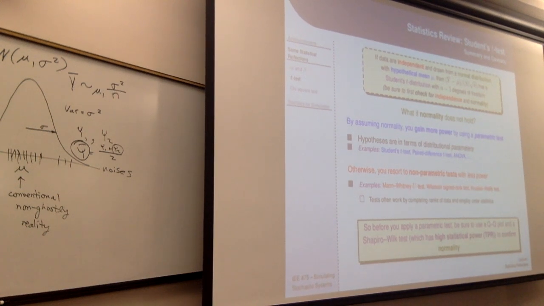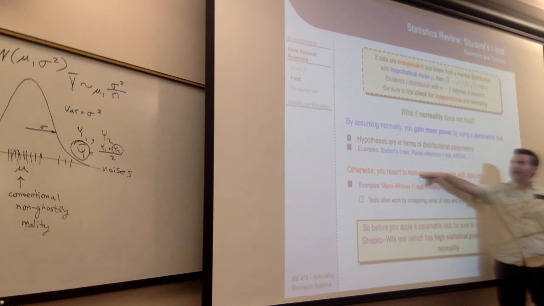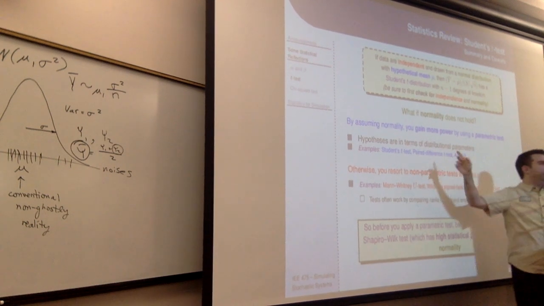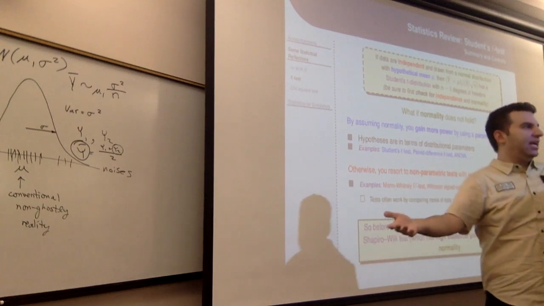If we can't assume some distribution, we lose power. But if we reject the hypothesis, it doesn't matter how much power we have. It's still likely a good rejection. And there are non-parametric analogs to all of the parametric tests that you've learned, say in 380 and 385.